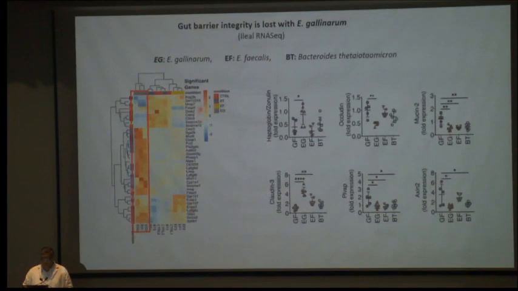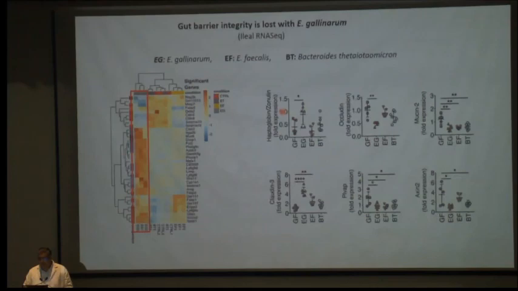But when they performed the RNA-seq analysis of the liver, of the ileal tissue, what they find is that there is a significant change from the rest of the group in the gallinarum species enhanced animals. So they go on to confirm if there is a breach in the liver.